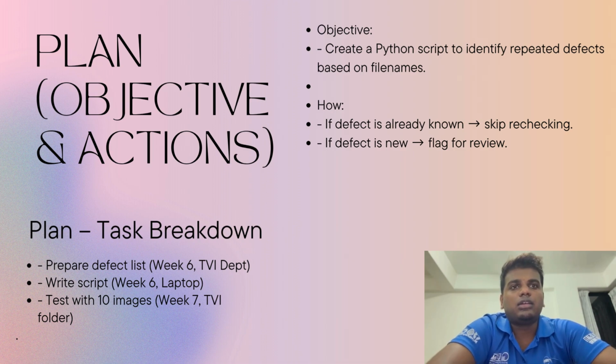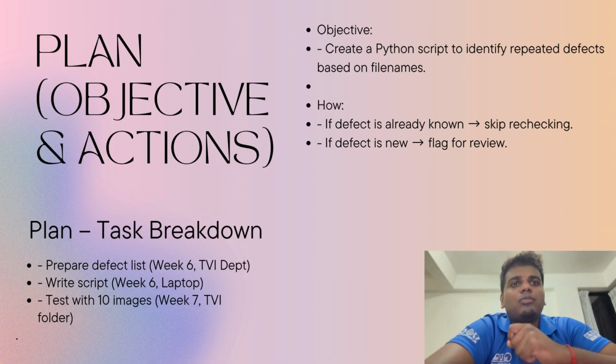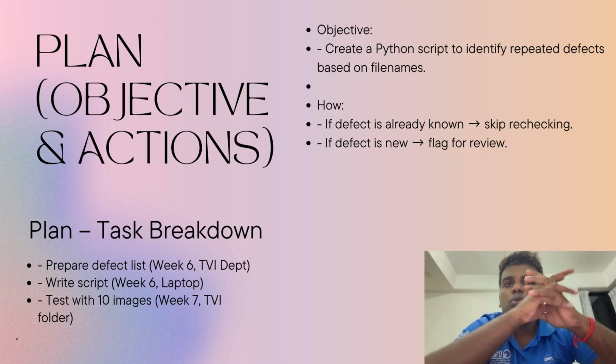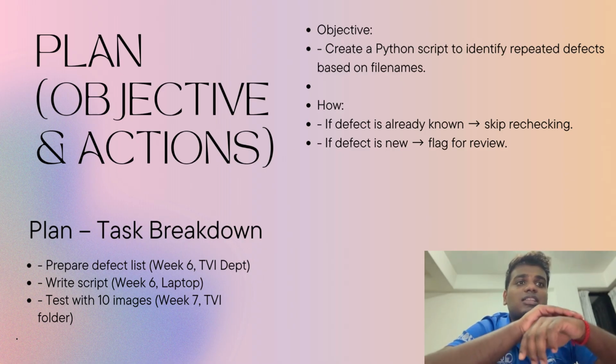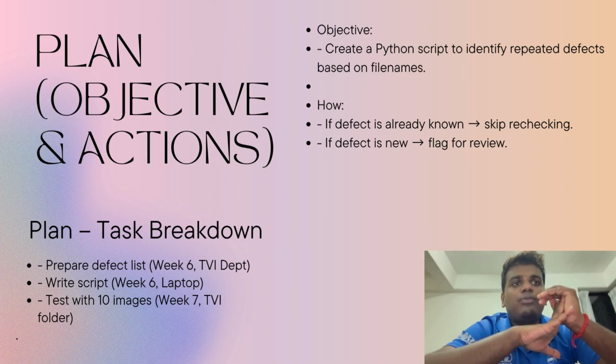And as you can see, the task breakdown is to carry out this plan. I broke it down into 3 steps. The first one, I prepared a list of known defect labels by referring to past data in week 6 with help from the TVI department.